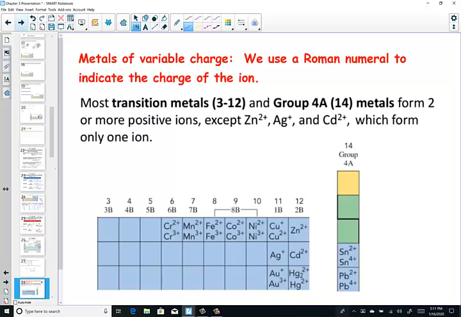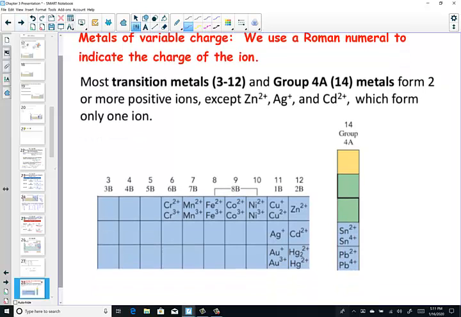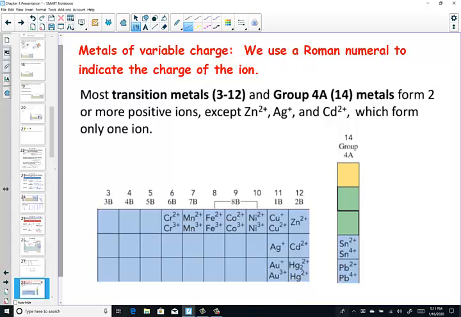Now, we've purposefully left out those shorties in the middle, those transition elements, and it's time to bring those into the conversation. The trick with the group B elements, which are called transition elements or transition metals, because they transition their charge. They do not have a fixed charge.